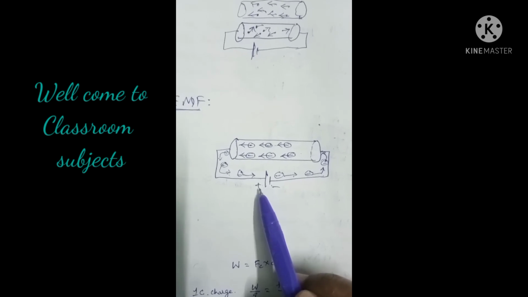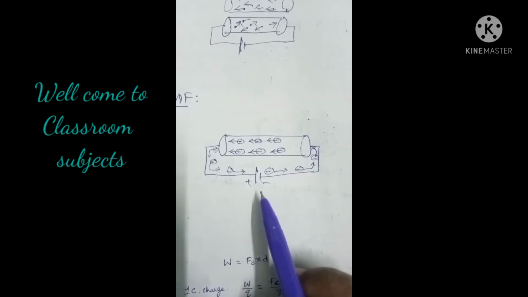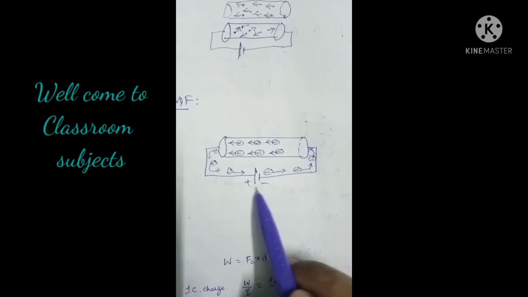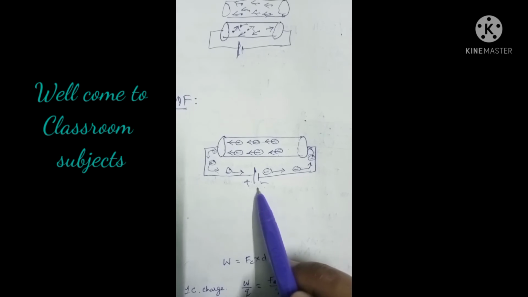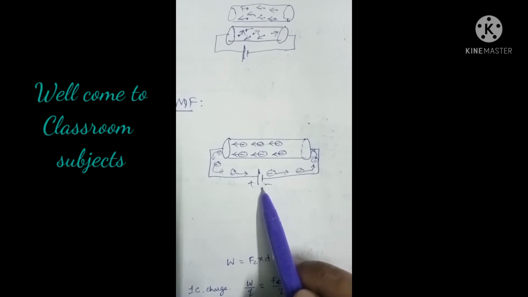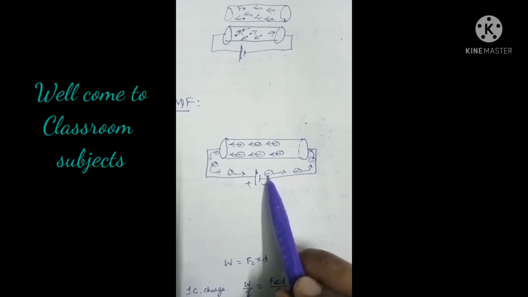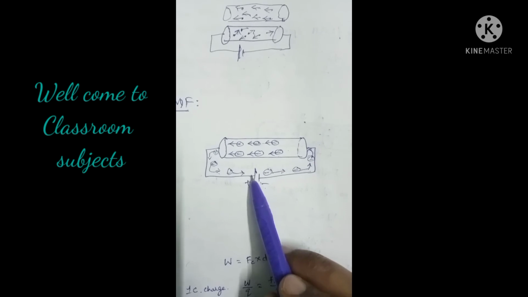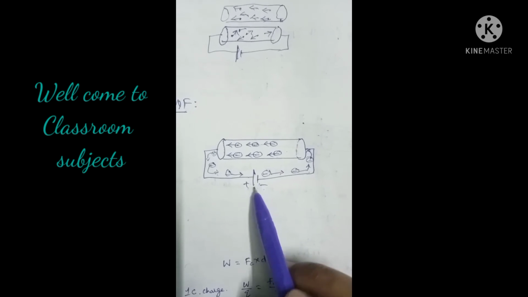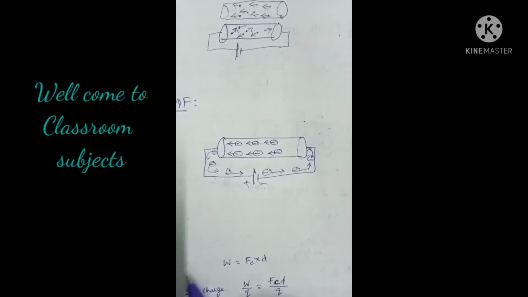And we also know the potential difference across the battery terminals is maintained constant. But here, when it is connected, these negative electrons are going out and coming to the positive terminal, thereby imbalancing the potential difference across the battery terminals.